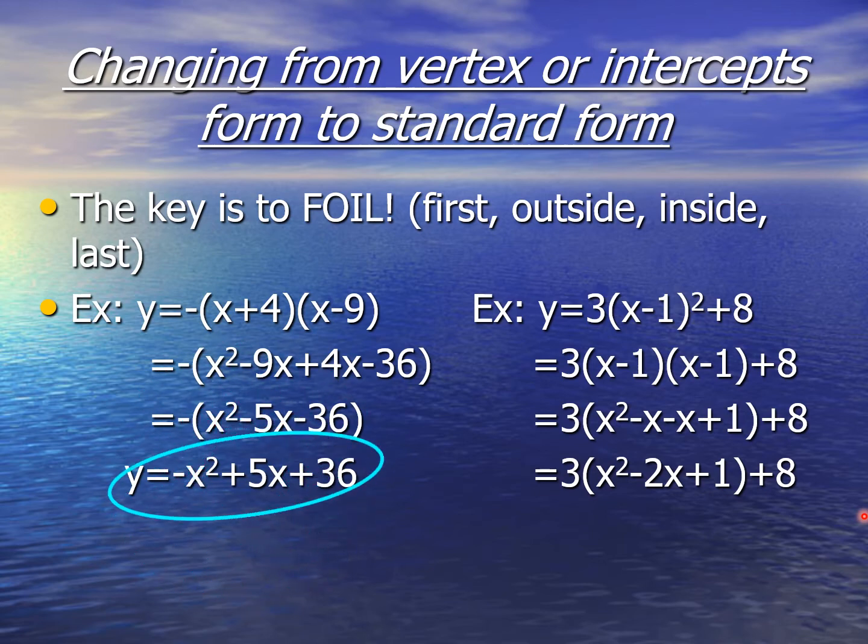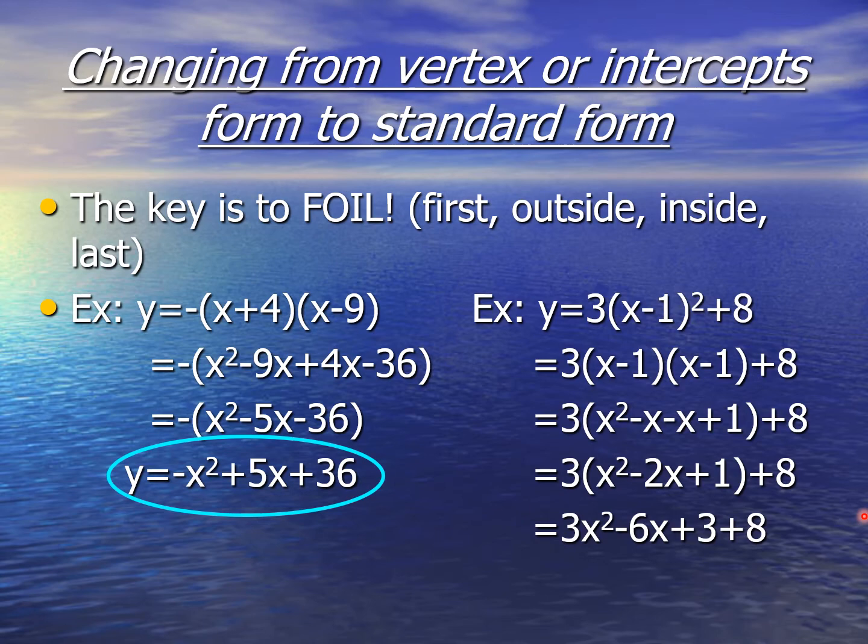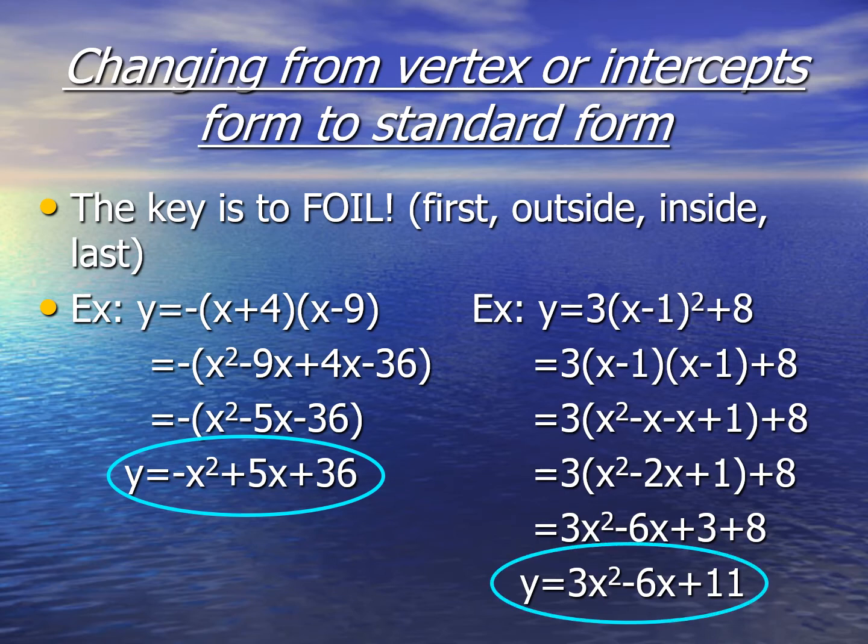And this is the final answer for the first example. We can simplify further this one. So distributing 3 inside the parenthesis, 3x squared minus 6x plus 3. Then we are going to add plus 8. So the final answer would be y equals 3x squared minus 6x plus 11.